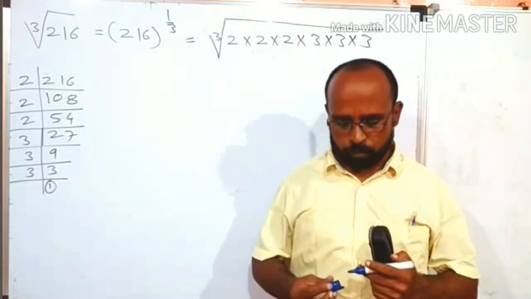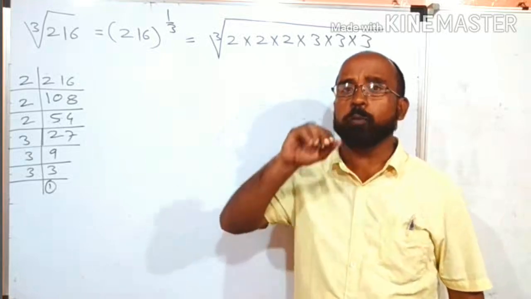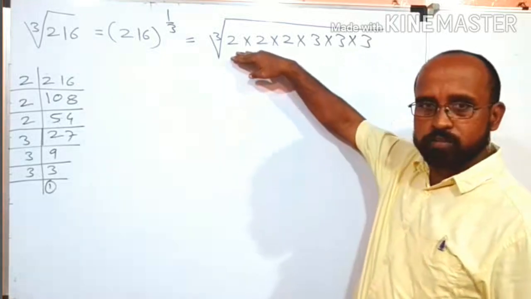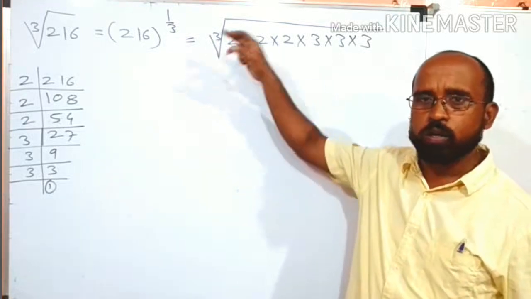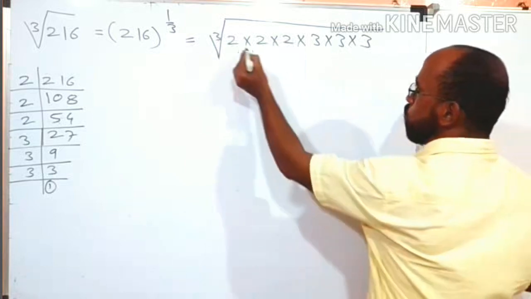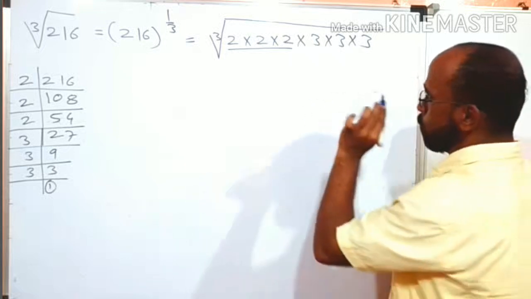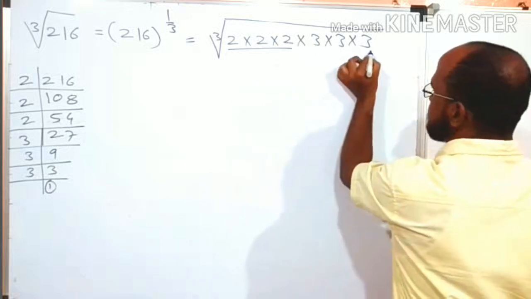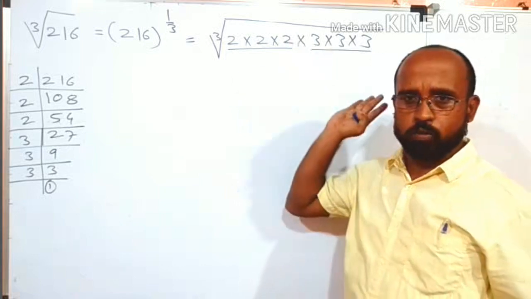In the case of square root, we were finding the second root, so we were making groups of 2 such factors. But here we are finding the third root. So what we have to do? We will make groups of 3 factors. So 1, 2, 3. These 3 are similar factors. We made one group of that. And 3, 3, 3. These 3 are similar factors. So we made another group of this.